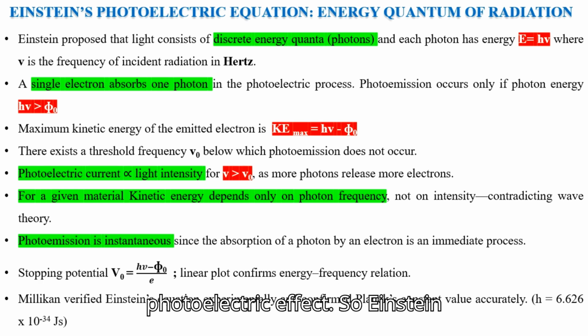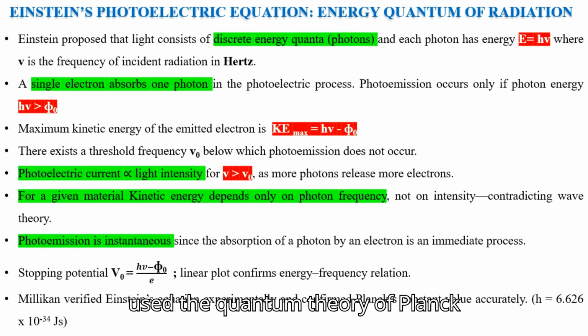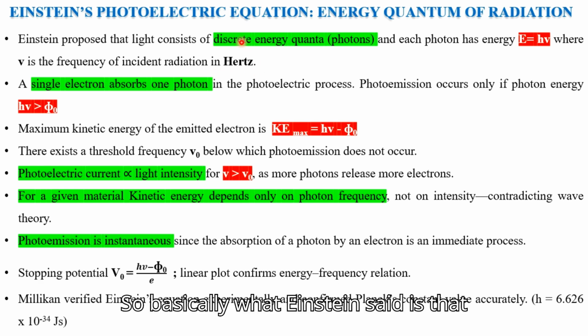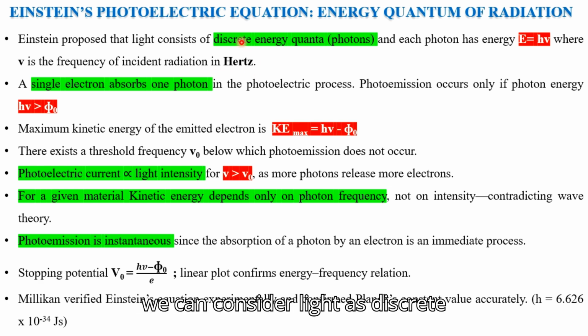So Einstein used the quantum theory of Planck to say that light consists of discrete energy quanta or photons, that each photon has an energy of E equal to h nu, where nu is the frequency of incident radiation in hertz. So basically, what Einstein said is that we can consider light as discrete packets of energy.